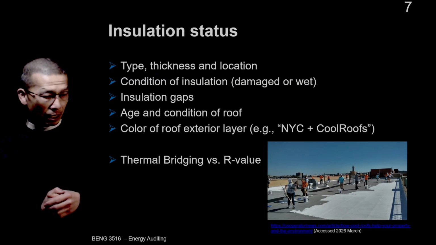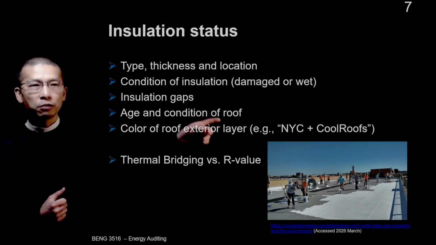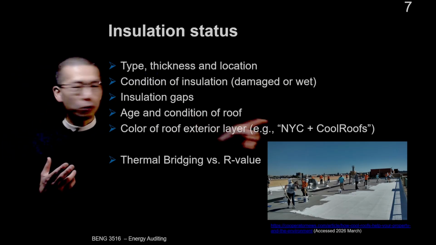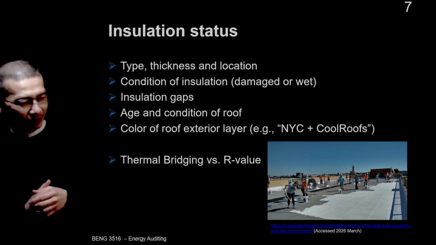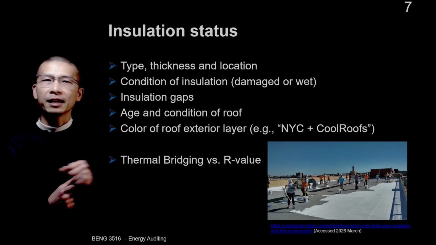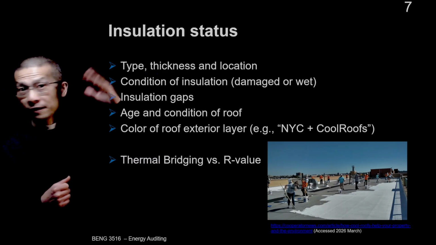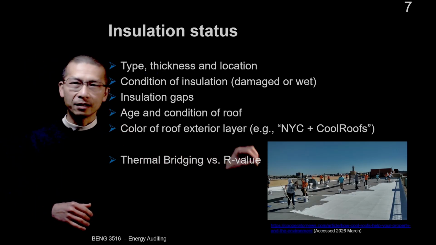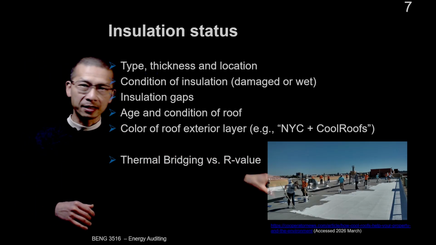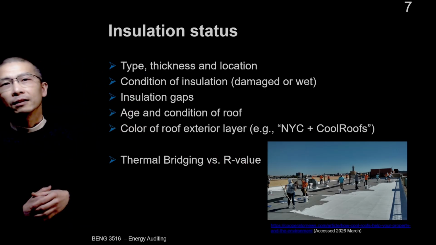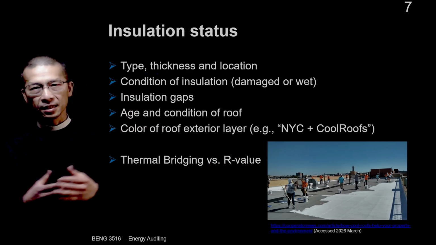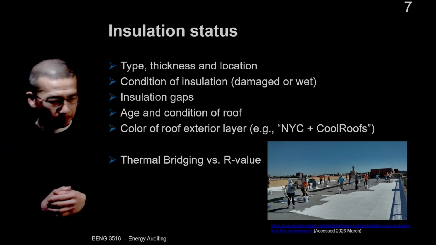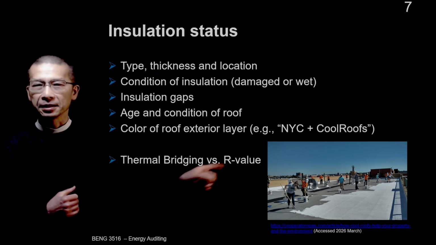Okay, look up the New York City cool roof. There's a project where they are painting on top of many buildings a light color, you can see, and it has reflective properties that can reflect sunlight. Very interesting. Look it up.